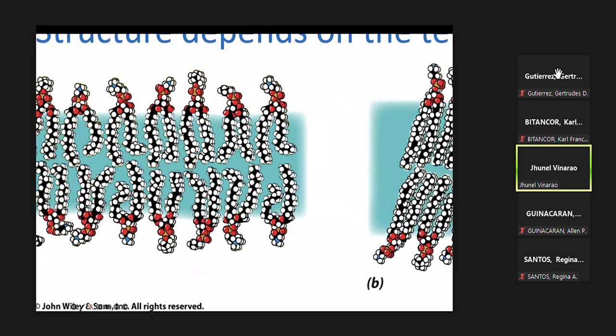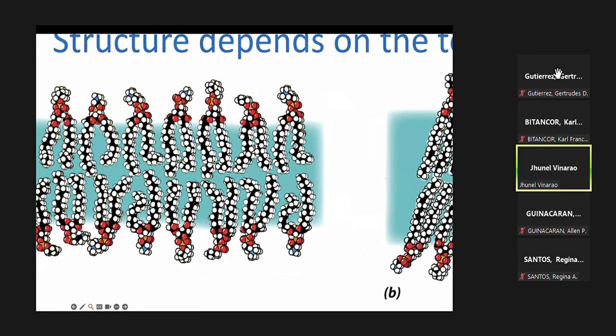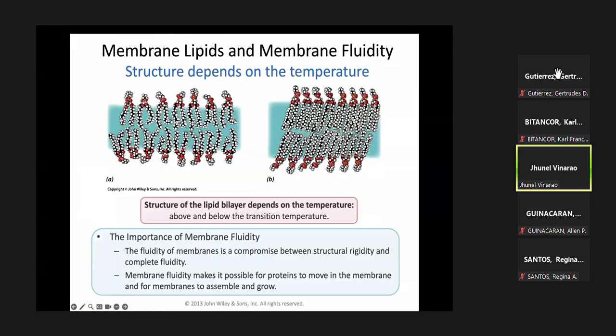Dadamihan niya ngayon yung lipids na may mga unsaturated tails. Okay? Para more kinks, more movements, more fluid. Okay? So, yeah. So that's why structure depends on the temperature.